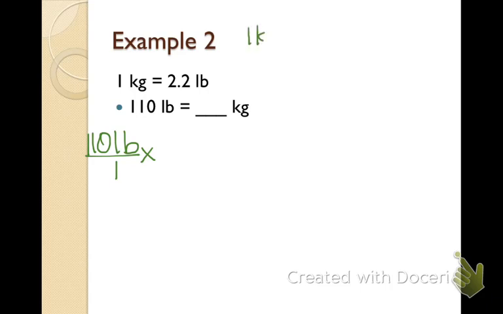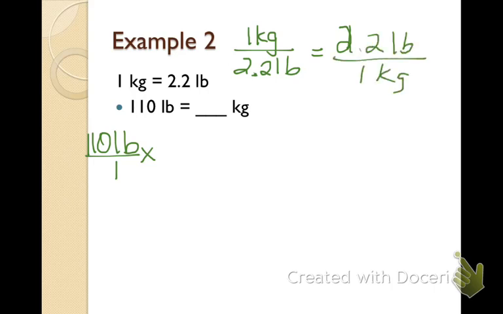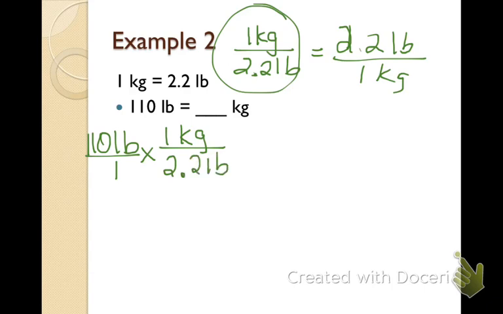Now I know 1 kilogram over 2.2 pounds is the same as 2.2 pounds over 1 kilogram. So we have to figure out which conversion factor to use. We want to get rid of pounds that's already on the top, so let's use this one since the pounds is on the bottom. So I have 1 kilogram over 2.2 pounds. Let's get rid of pounds. Cancel, cancel. And we're left with the unit we want.